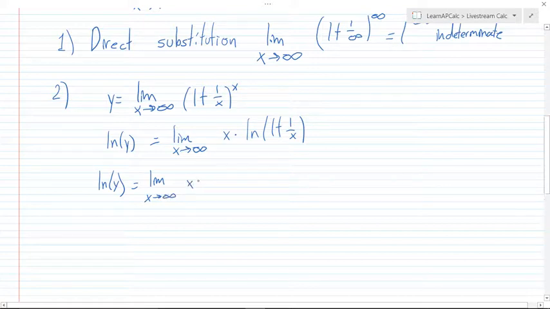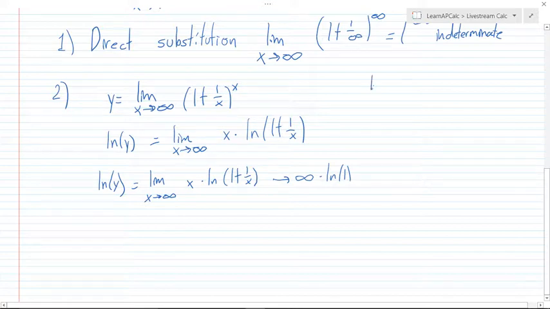So let's plug this in. And so this is going to give us infinity times the ln of 1.